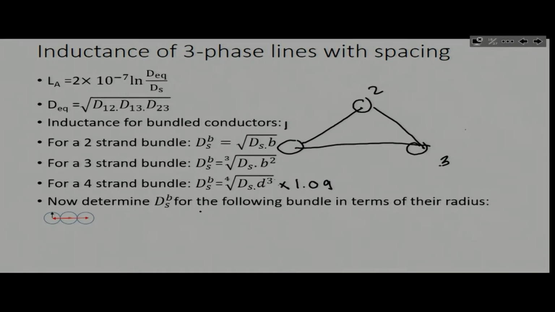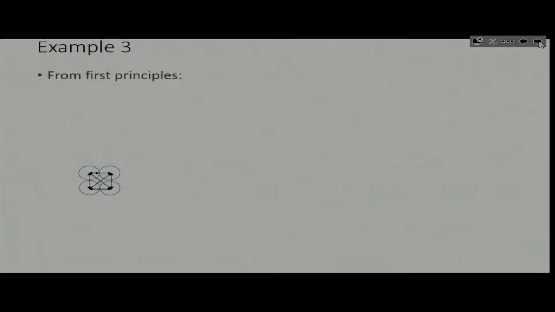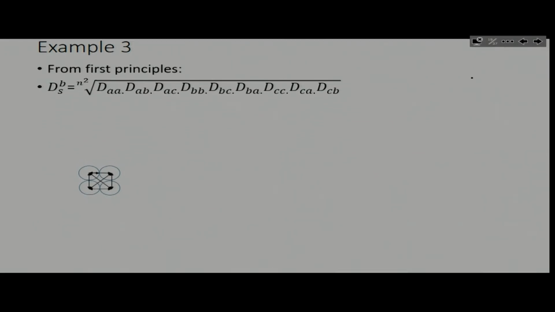So there we have 3 conductors, radius r, and if we use first principles, Ds of the bundle is the n squared root of DAA, which is the self GMR of the first conductor, then the distance from A to B and A to C, and then the self GMR of B and the distances to A and C, and then the self GMR of C times the distance from C to A and C to B. Self GMR is 0.7788 R. There are 1, 2, 3 of them.